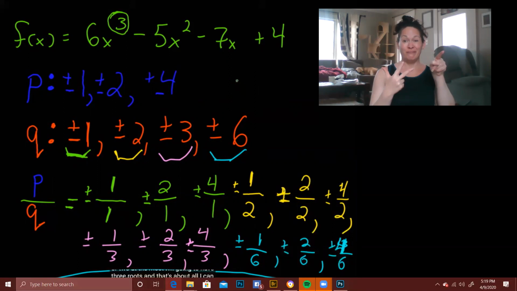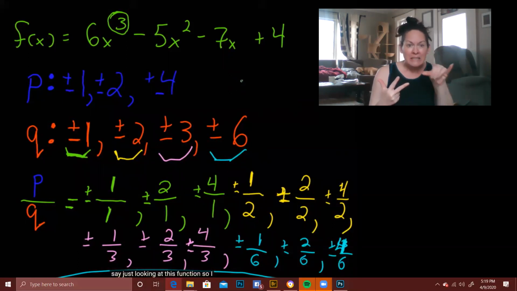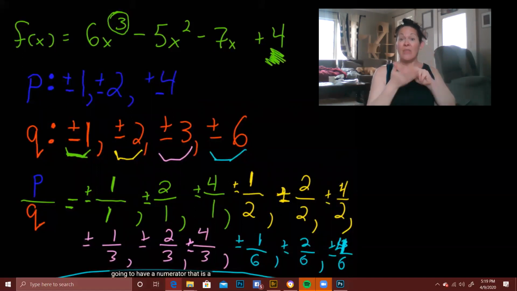And that's about all I can say just looking at this function. So I pull out the rational roots test and I say, hey, if there is some rational number that is a factor of this thing, it's going to have a numerator that is a factor of this and a denominator that's a factor of this.